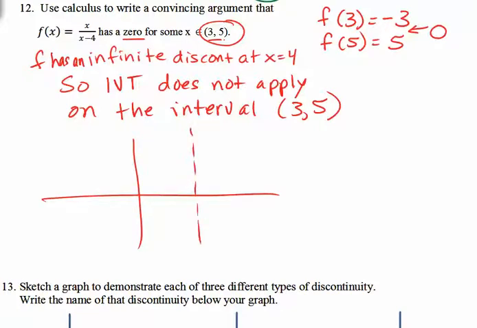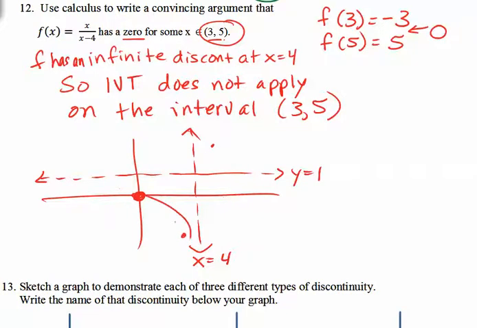We know that we've got a vertical asymptote at x equals 4. The degrees are equal, so the horizontal asymptote is y equals 1. Put 0 in. We'll see that (0, 0) is an intercept. And we already know a couple other points here. At 3, we're at negative 3, and at 5, we are up at positive 5.